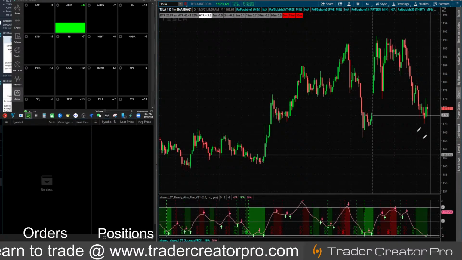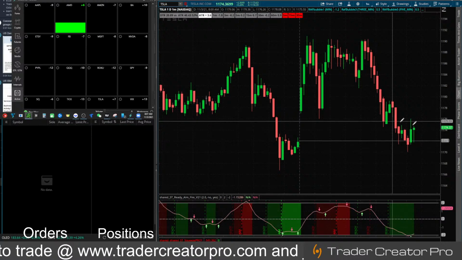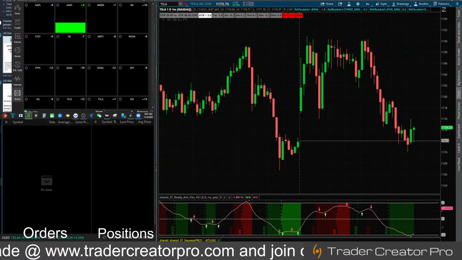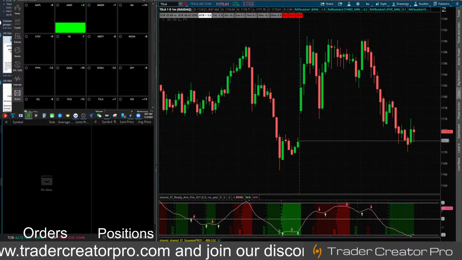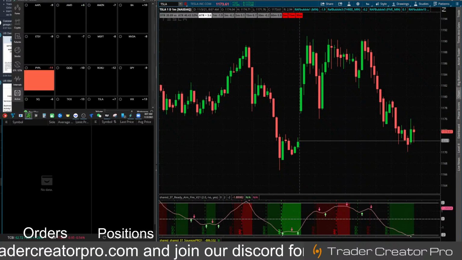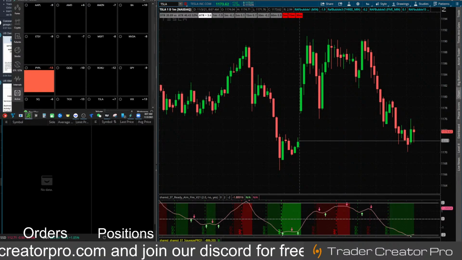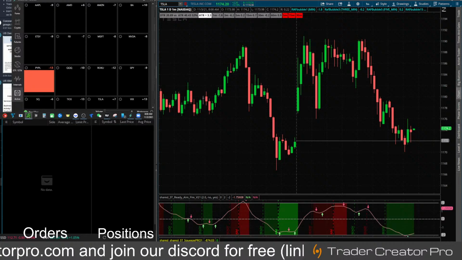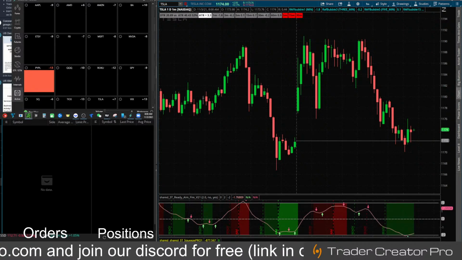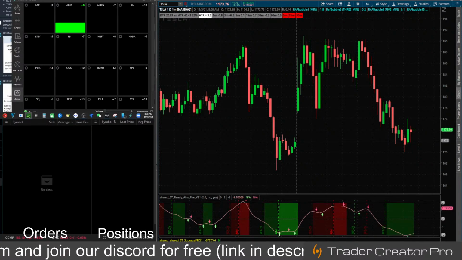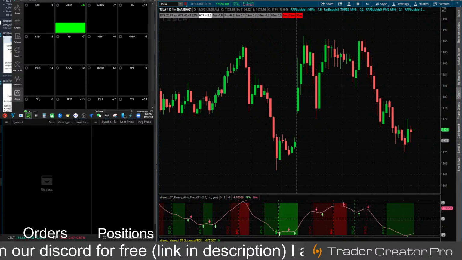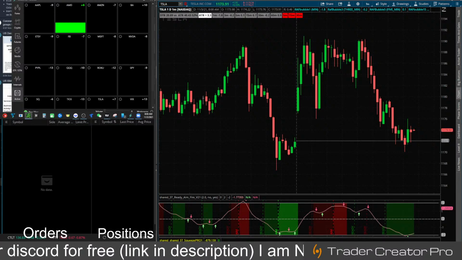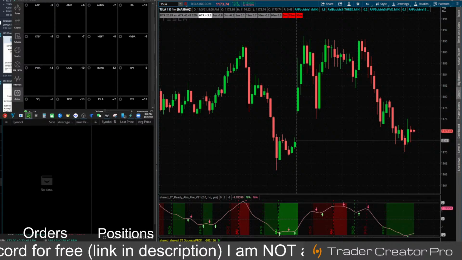The little gap to close there, and now it's bouncing a little bit. ATVI is rejecting the opening price area. Okay, Lemonade right here is a decent area to enter long if you are long biased. I don't think I'm going to take it just because it's showing some weakness.